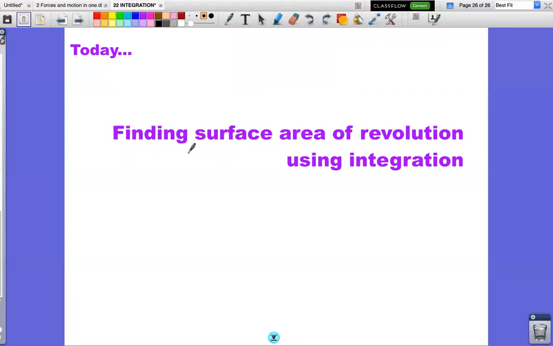So today we are looking at how to find the surface area of revolution using integration.